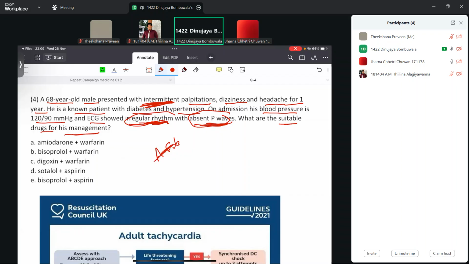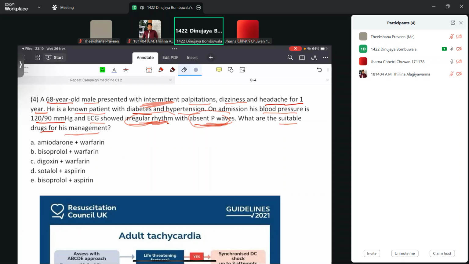So how are you going to manage this patient? What is the single most important information given to decide the management? Hemodynamically stable, yes, that one is also.